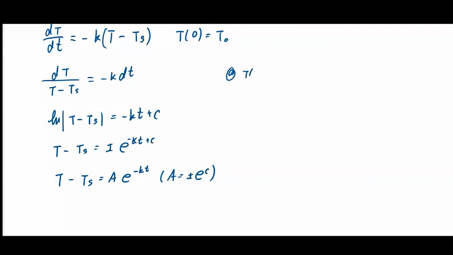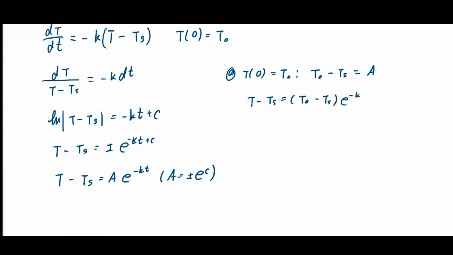So at this initial condition, the left-hand side becomes this, and the right-hand side becomes this. And then once you substitute 0, this whole exponential function dies. So substituting back in, we have T minus T_S is equal to T_0 minus T_S. It looks complicated, but these are just numbers.